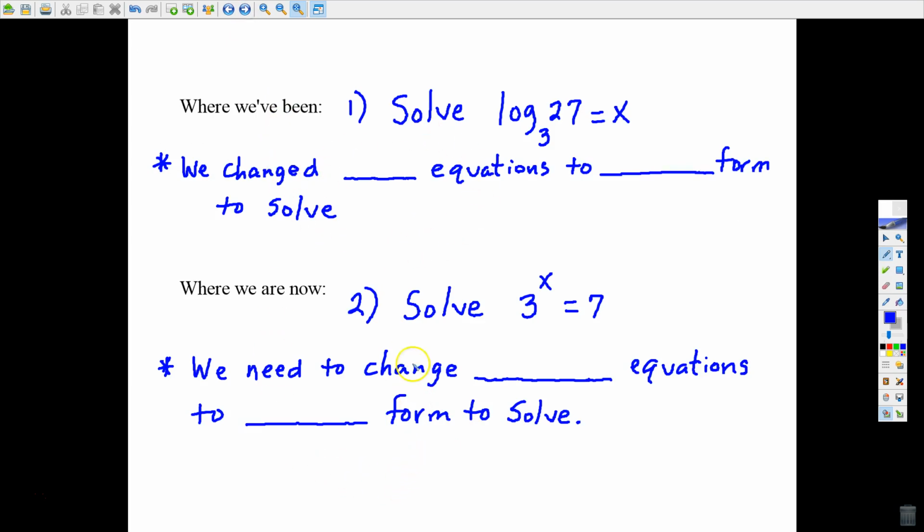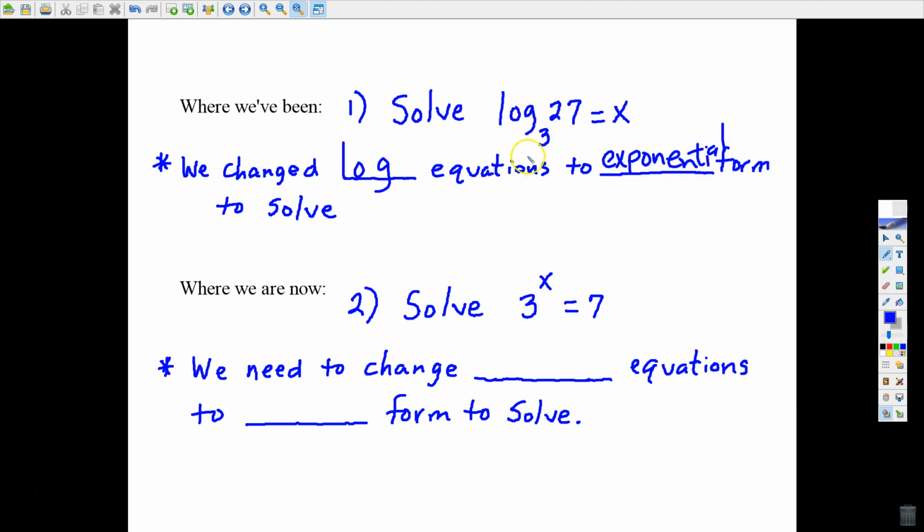This slide is important because it shows where we've been in previous lessons. So just a quick review. This is called a log equation. And the rule of thumb is for log equations we convert, well, let me just fill in the blanks. We changed log equations to exponential form. Log equations need to be changed to exponential form.